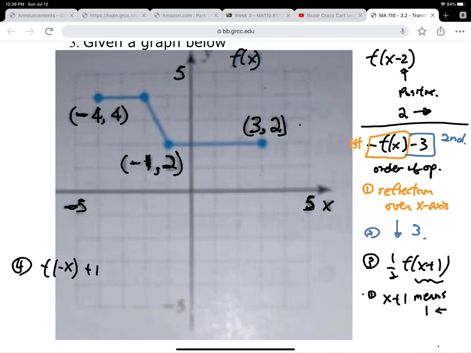Alright, so f of -x plus 1. Notice there's a negative in front of the x. So guess what that means? That means this is a reflection.